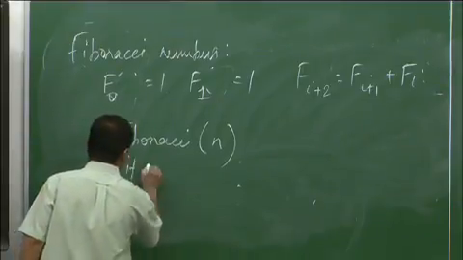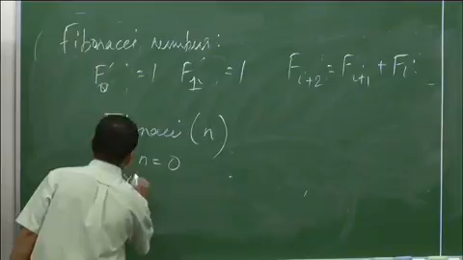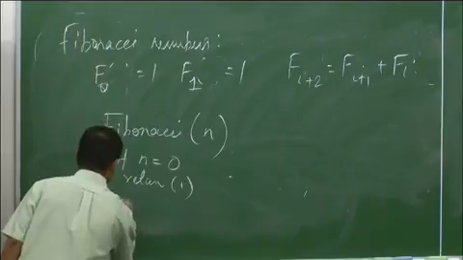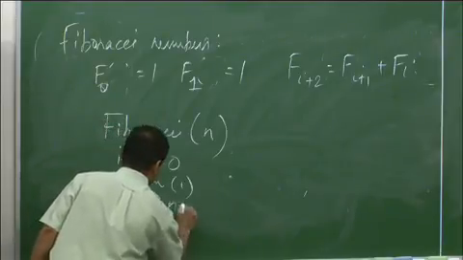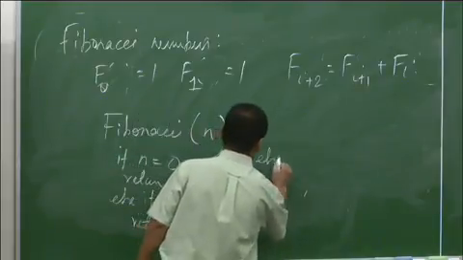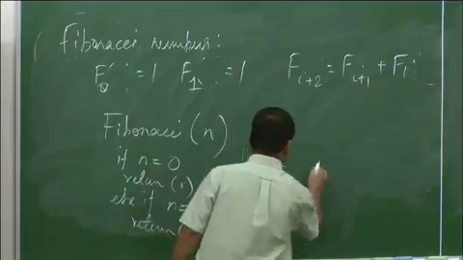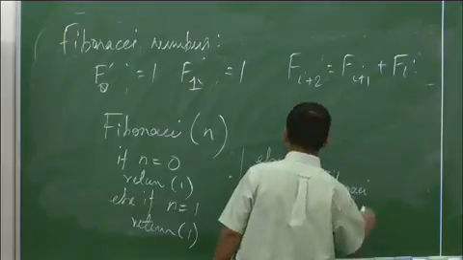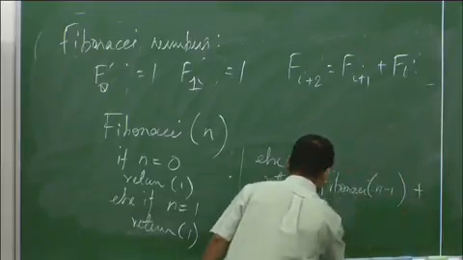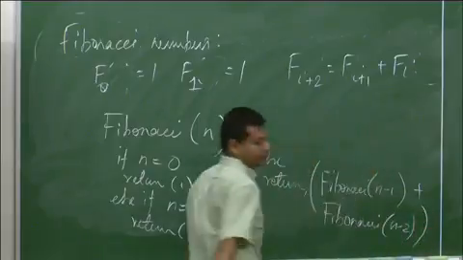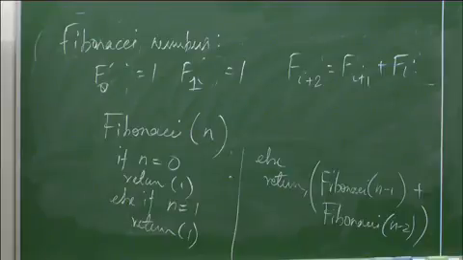So, you say if n equal to 0, return 1, right? You take care of your base case and you just write your recursive case.